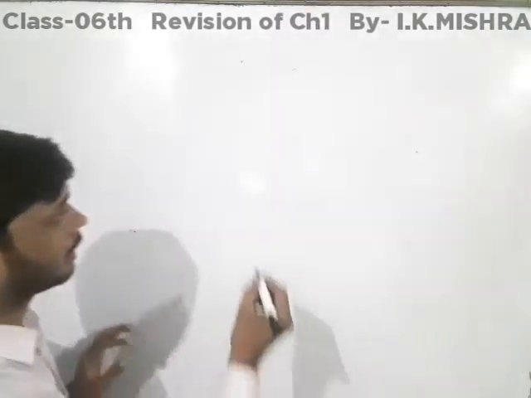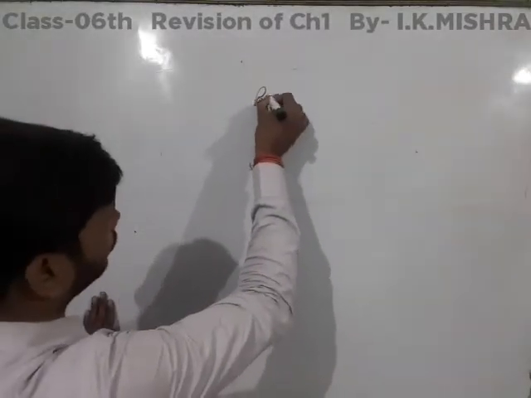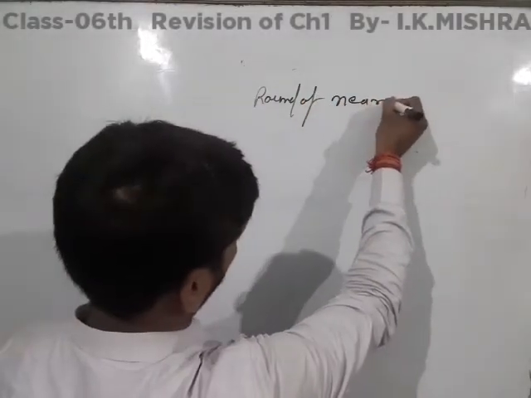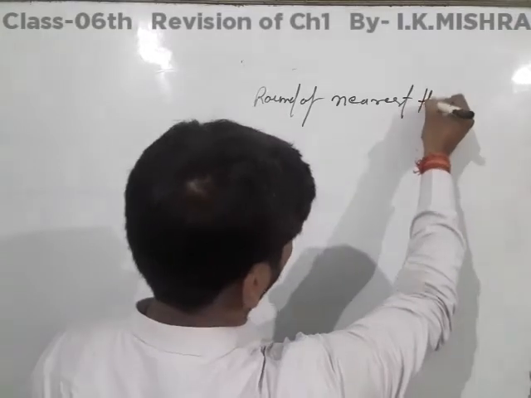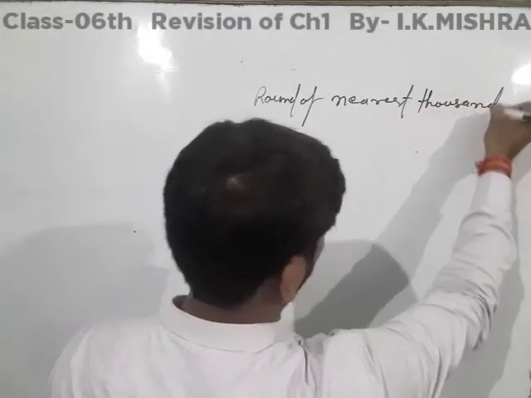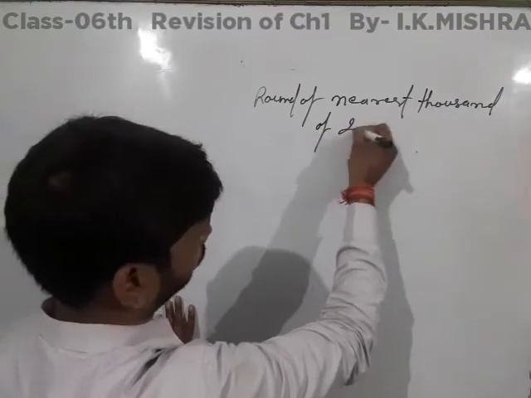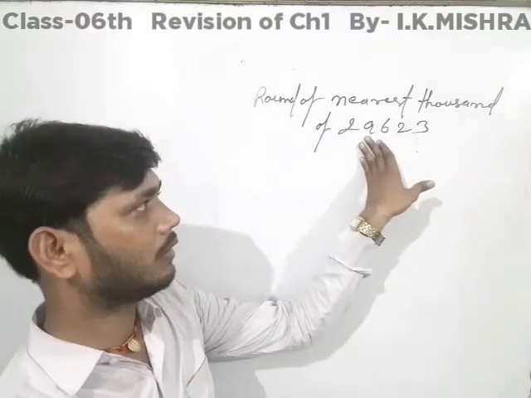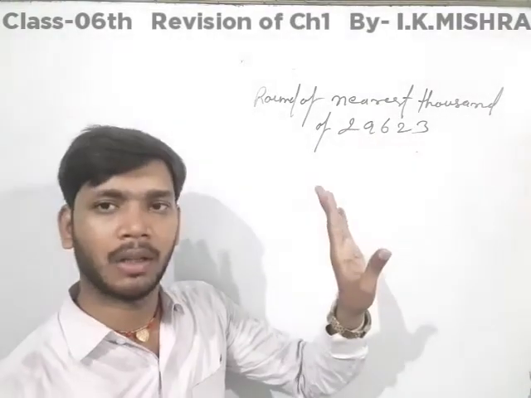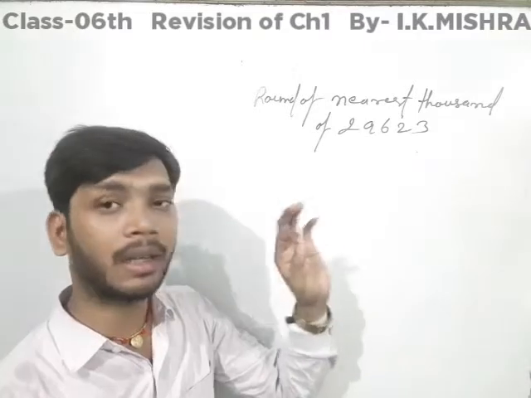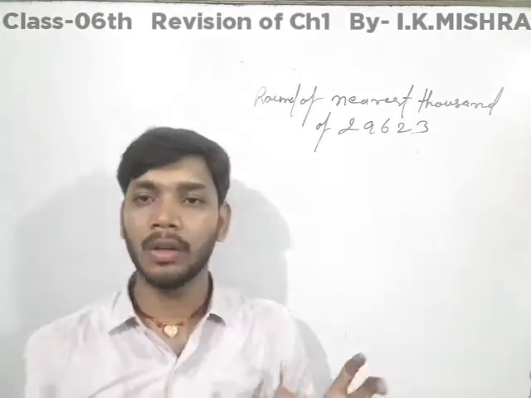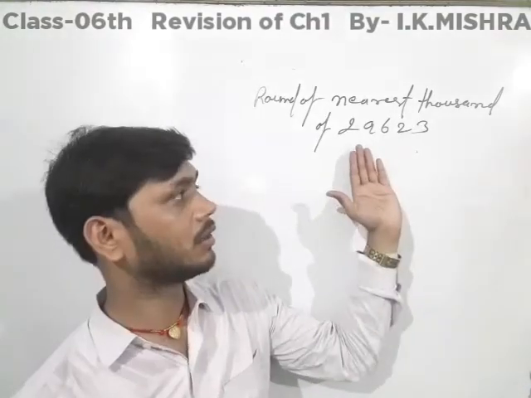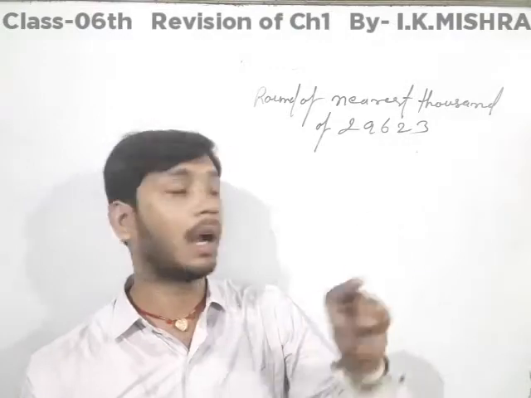Suppose I write here a question: round off to the nearest 1000 the number 29623. The rules are the same, but observe: when you have to round to the nearest 1000, observe the 100 place.